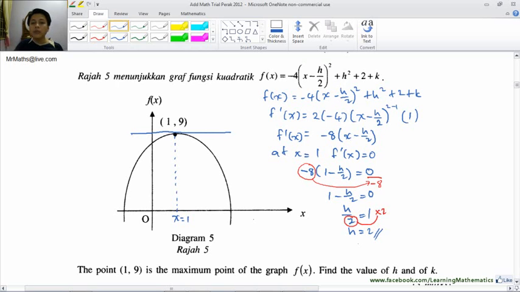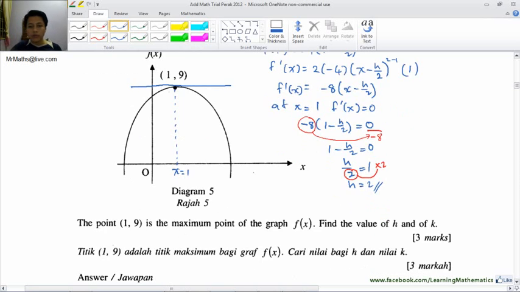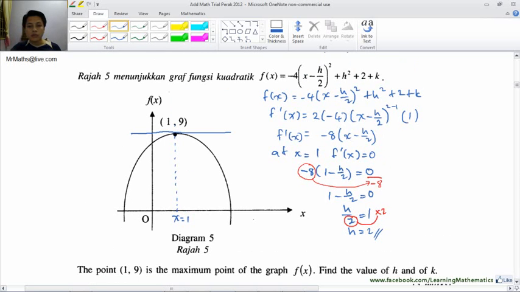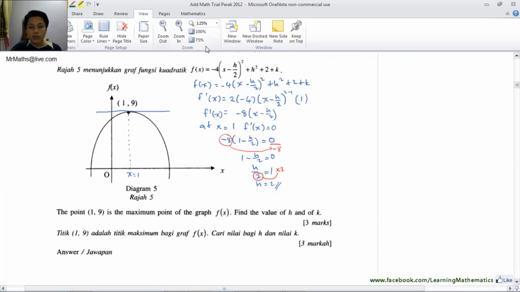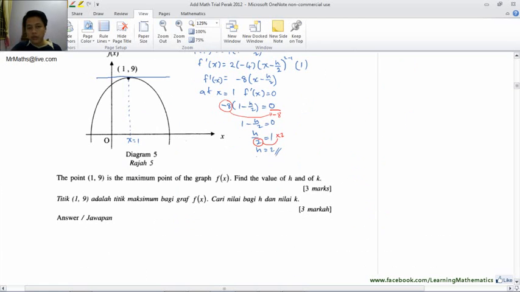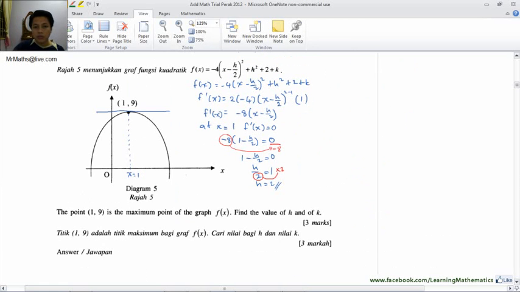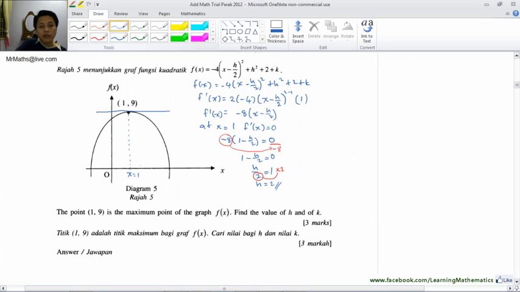So what about k? Okay, we can use the point 1, 9 there to solve k. Let me zoom down a little bit so that you can see the whole picture. Now let's simplify the equation slightly.